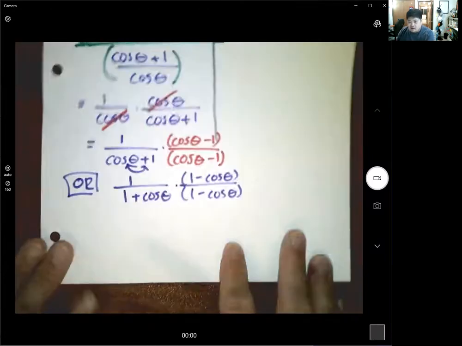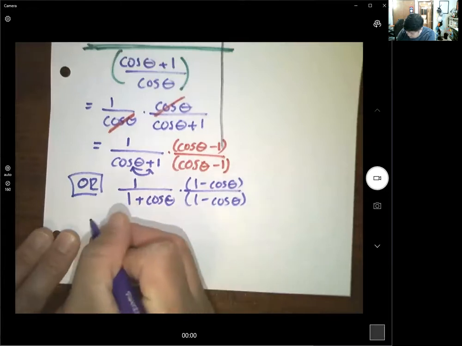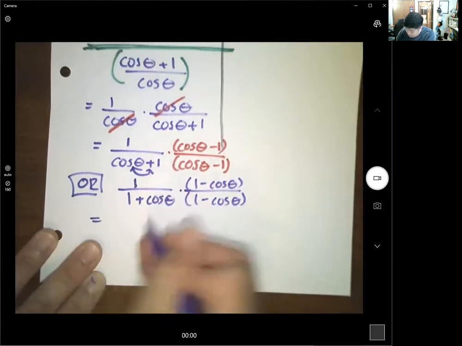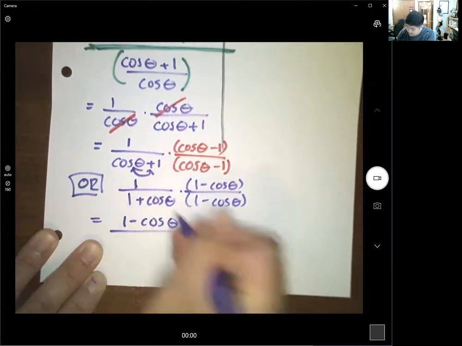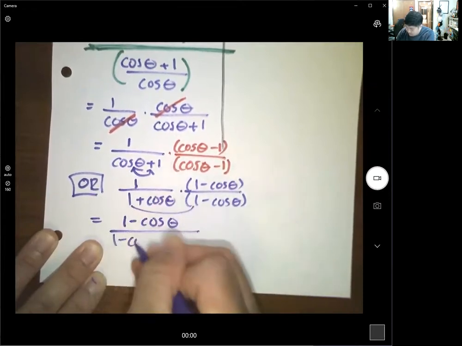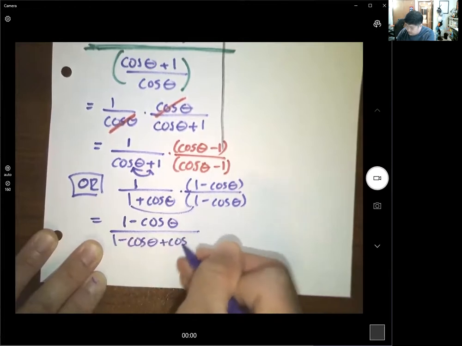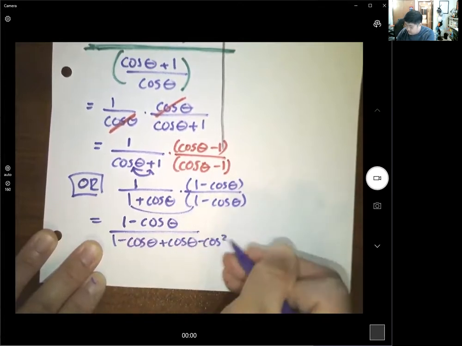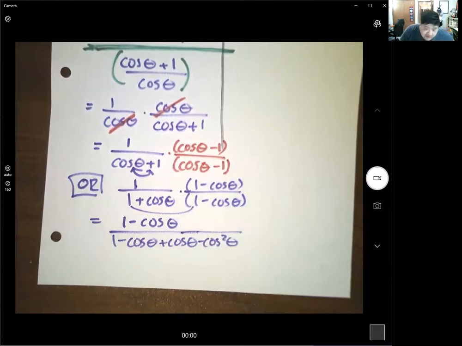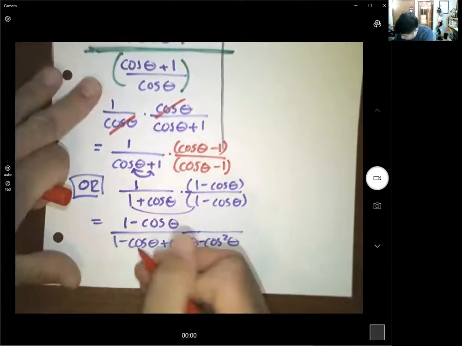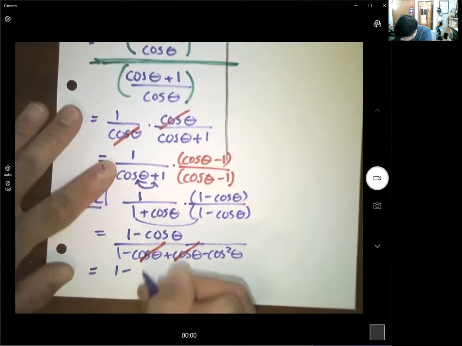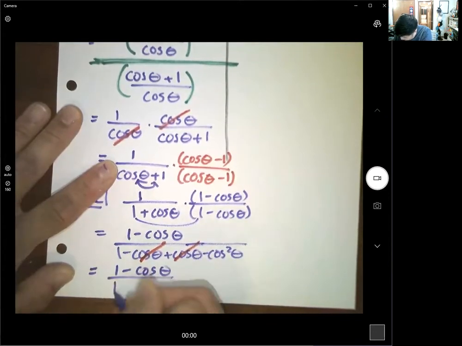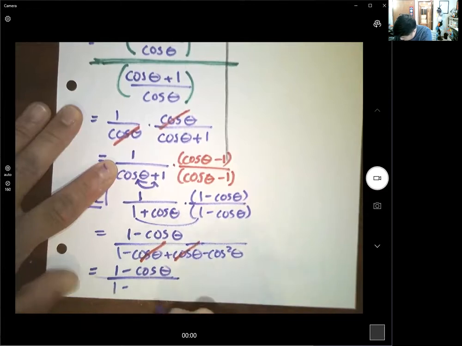So now, the numerator, 1 times 1 minus cosine of theta, 1 minus cosine of theta. The denominator, distribute: 1 minus cosine of theta plus cosine of theta minus cosine squared theta. And then the cosine of theta zero out. So we have in the numerator 1 minus cosine of theta over, in the denominator, 1 minus cosine squared theta.